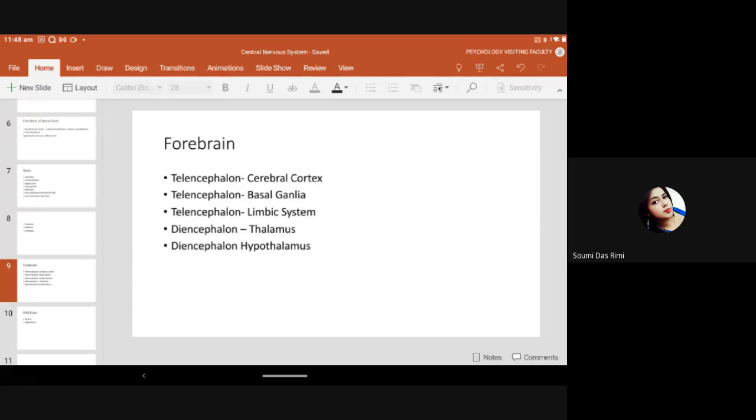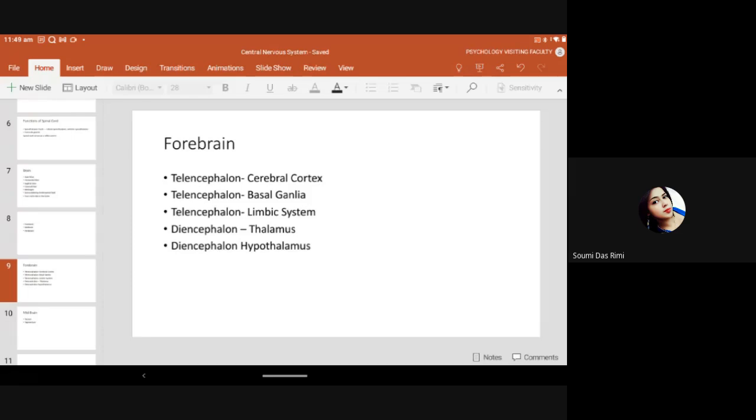Since it is involved in the experience of different emotions such as fear, anger, sadness, love, affection, feeding, any type of sexual behavior, fighting, etc., along with the cortex, it is also known as the emotional brain.